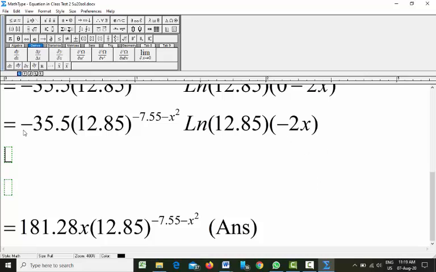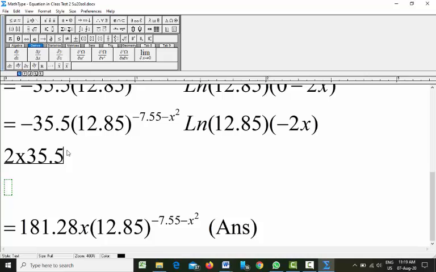Then we will multiply these two with 35.5. This is a multiplication sign, not x. Press like that with me, just the way I am typing.